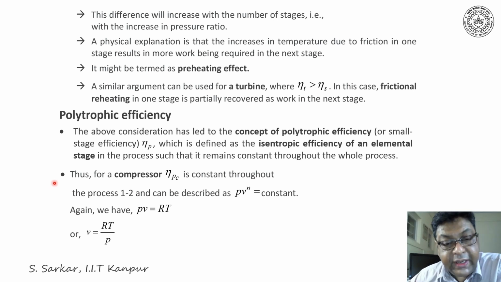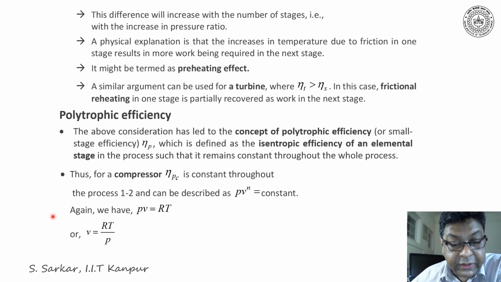Thus, I can say for a compressor, eta PC is constant throughout the process 1-2, and it can be described as PV to the power n equals constant, where n is called the polytropic index.